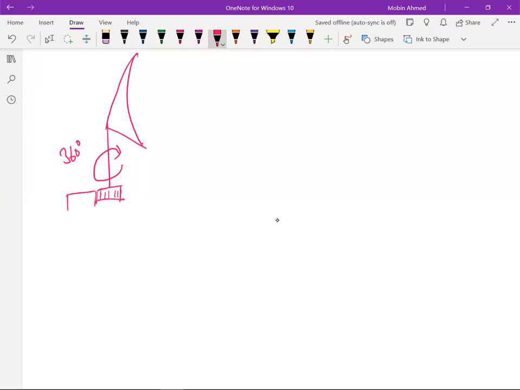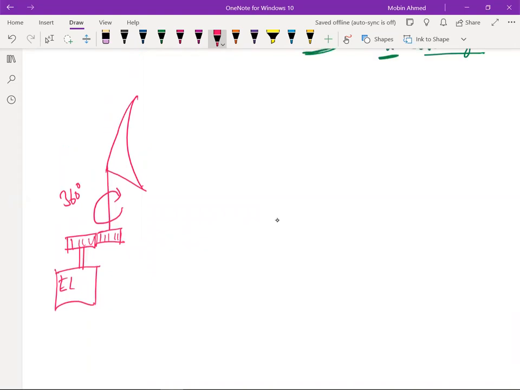So this is the electrical motor, which is going to drive this antenna 360 degrees. So it is rotating, and your beam is rotating all around 360 degrees.